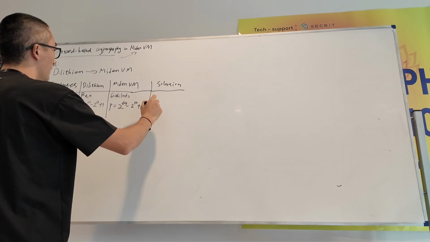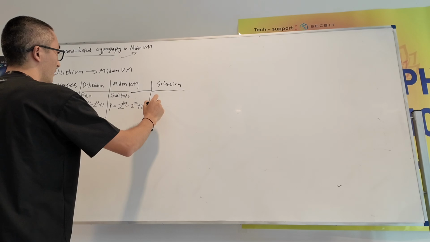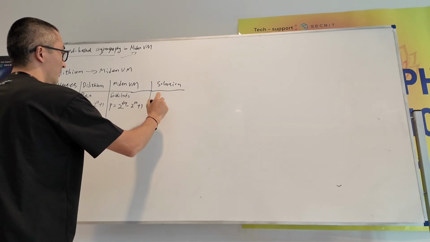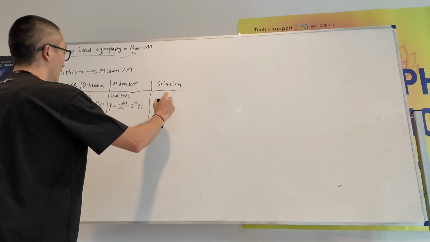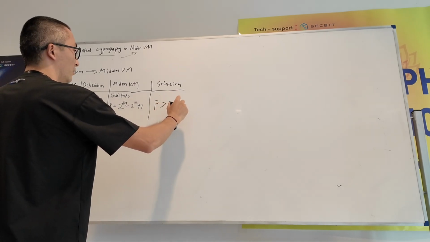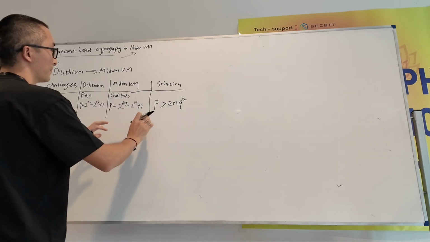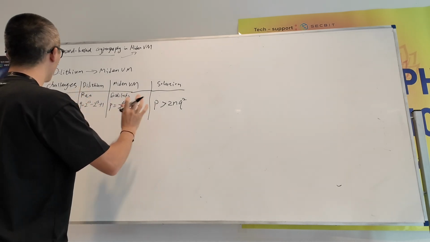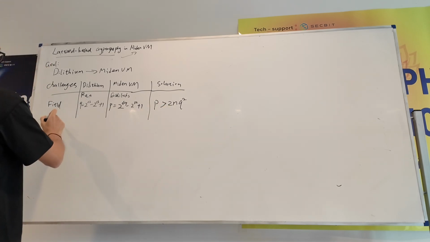The condition is P larger than 2nq squared. Yeah, so this will solve this problem. I will not explain this one because I can't.